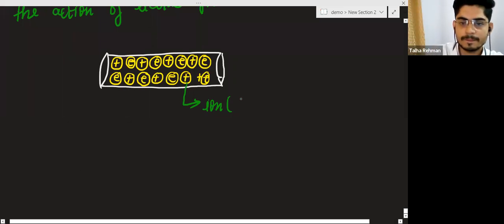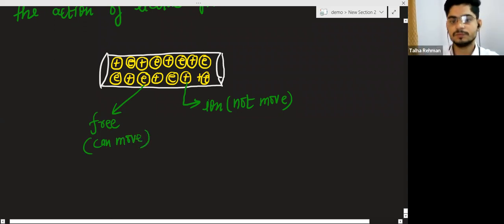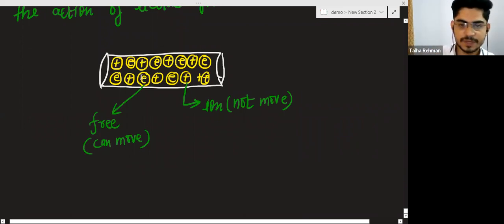But this electron is free and can move. This is just the basic idea.